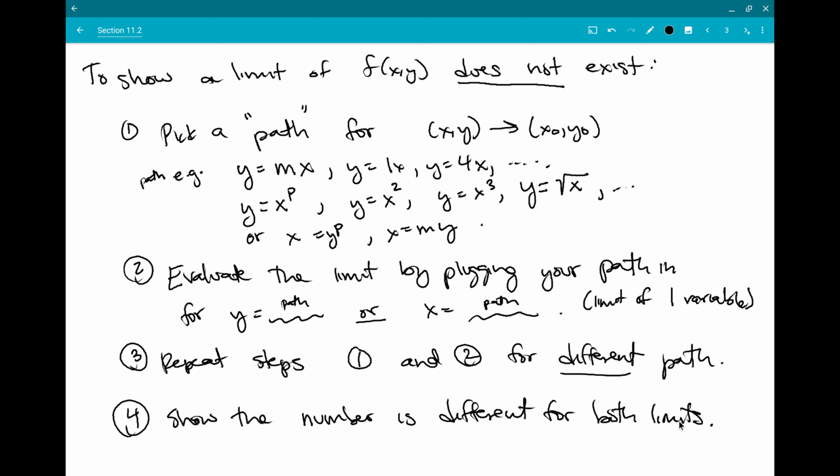And kind of the argument is that if you could reach the limit 2 different ways and get 2 different answers, then it clearly doesn't exist.